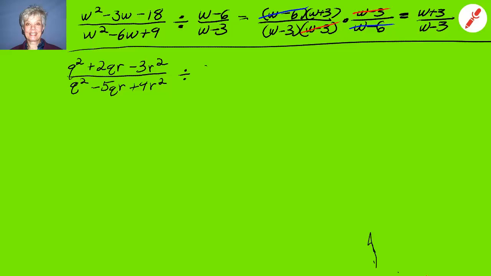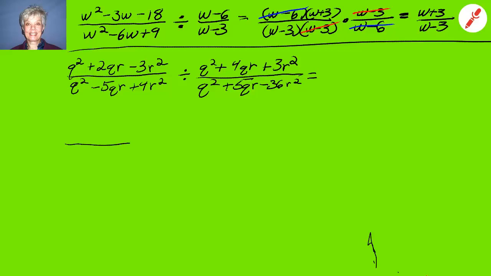And we're going to divide that by q squared plus 4qr plus 3r squared over q squared plus 5qr minus 36r squared.